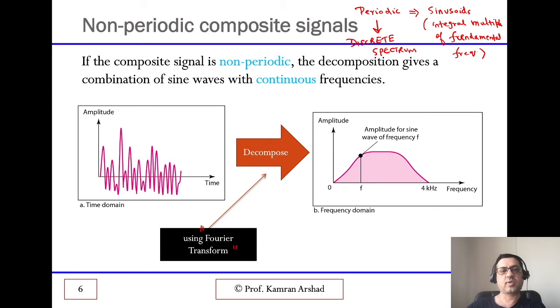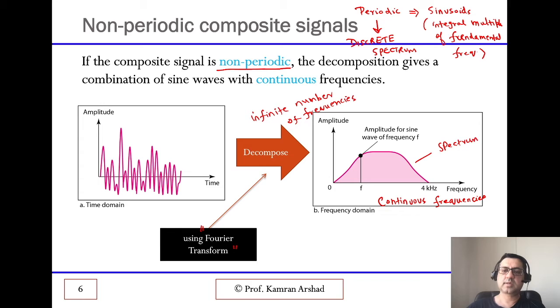Later he found that even if your signal is non-periodic, it also has an infinite number of frequencies present, and in this case these frequencies are continuous. Sorry, not continuous in time, these are continuous in frequency. So the spectrum is continuous.